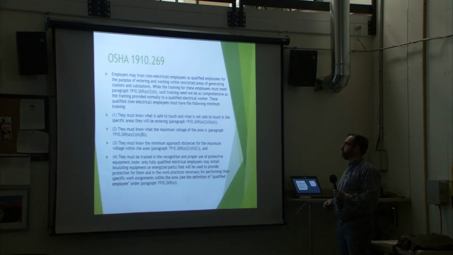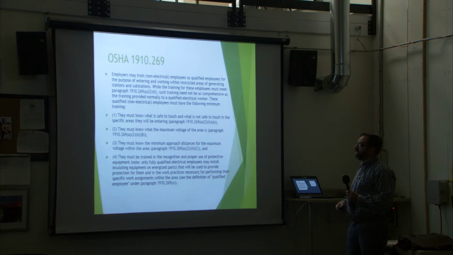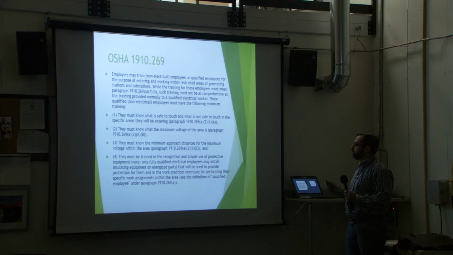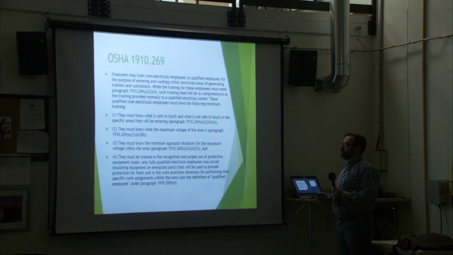While the training for these employees must meet paragraph 1910.269(a)(2)(ii), such training needs not to be as comprehensive as the training provided normally to a qualified electrical worker. These qualified non-electrical employees must have the following minimum training.